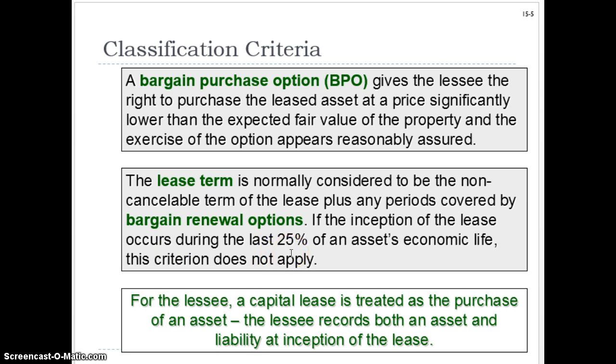So basically, let's say you're leasing a truck, and the truck is going to be good for 10 years, but you are entering into this lease in year 8. Well, that's past the first 75% of the truck's life. So you're entering into it in the last 25% of the time it's expected to be useful. So in that case, you can't use the bargain purchase option as one of the criteria for whether or not it is a capital lease.